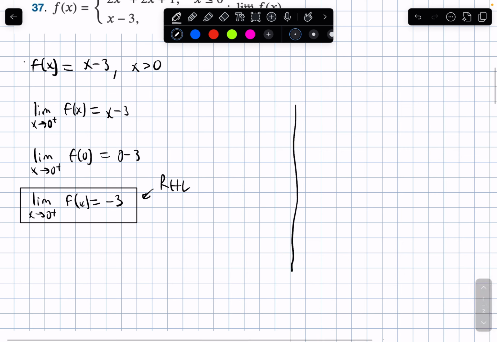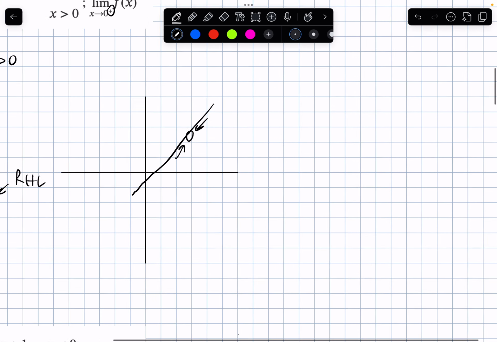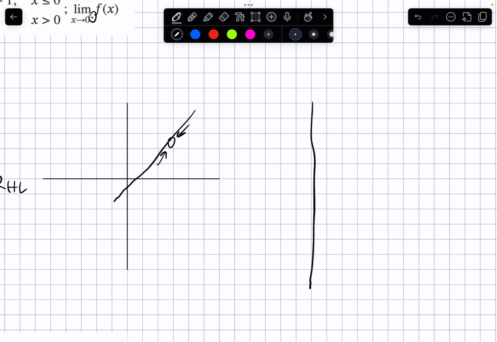Like when I drew the function, when there was a hole right here, the x values approached from both sides. But if there's a jumping discontinuity, like a value here and a value here, then there's only going to be a right-hand limit.